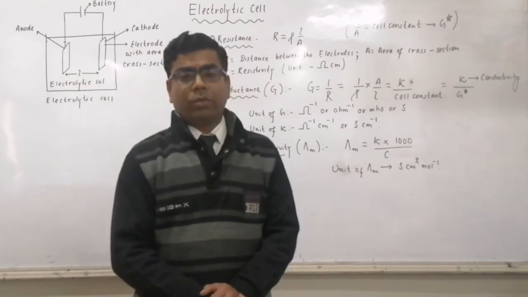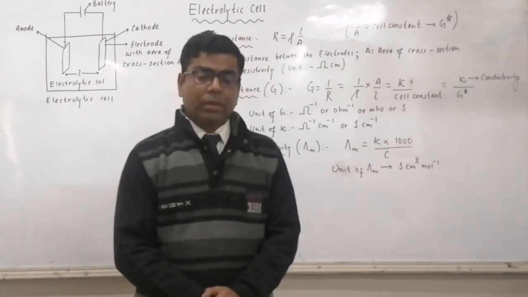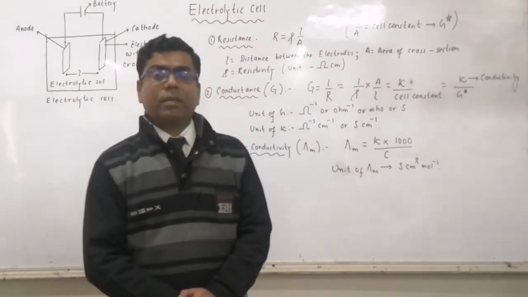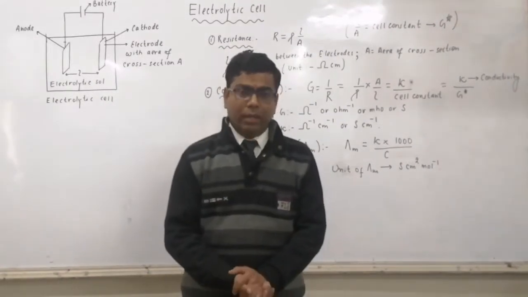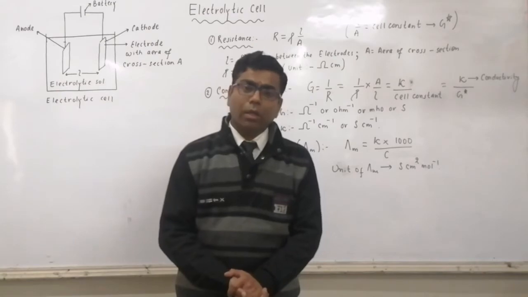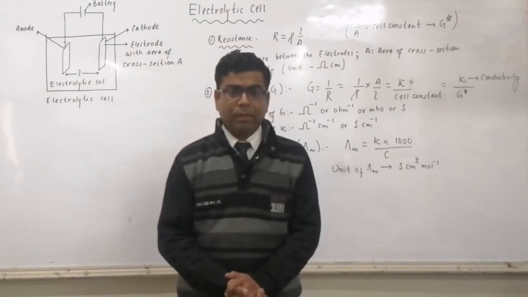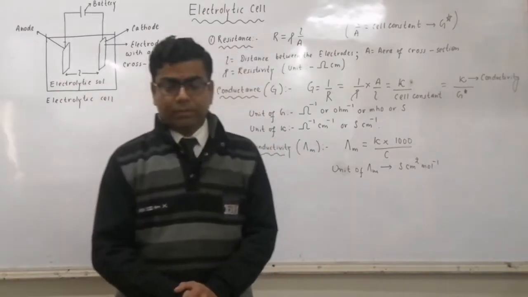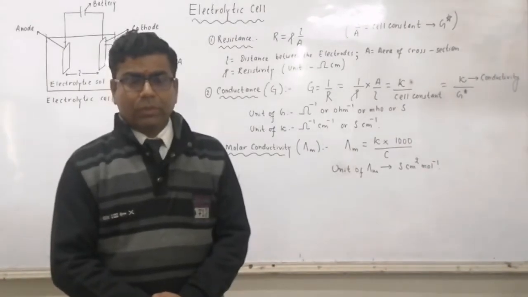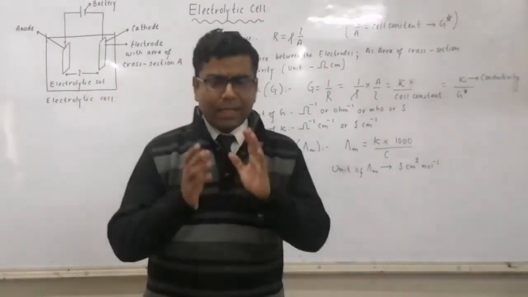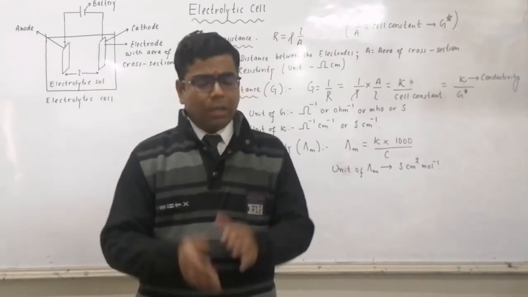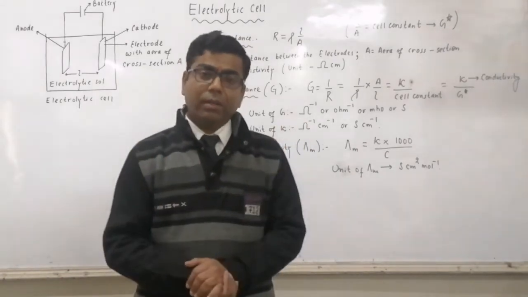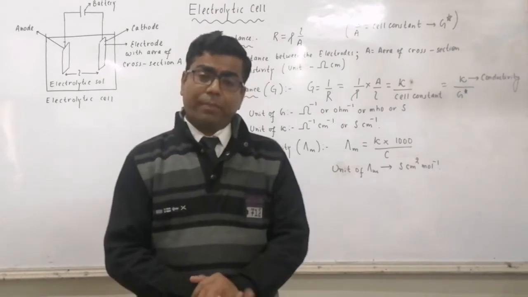Now if we talk about the resistance of the metallic conductor. What is resistance? The obstruction to the flow of current is called resistance. And for a metallic conductor, it was found that R is proportional to L by A, where L is the length of the metallic conductor and A is the area of cross section.